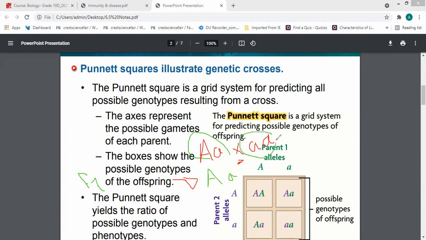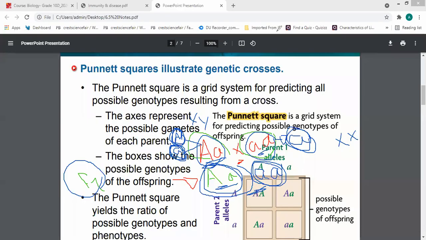Are you sure? Or small a, small a as well. Sure.